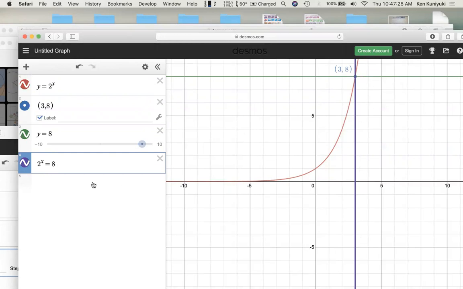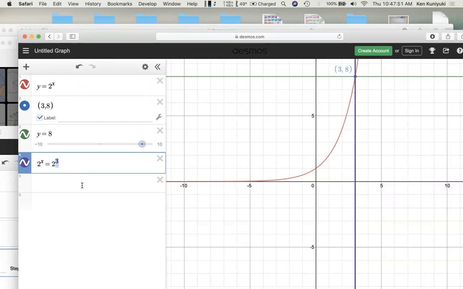x equals 3. It's right there. x cannot be negative 3. Negative 3, 8 is not on this graph. So 2 to the x equals 8. In particular, I could have said 2 to the x equals 2 to the third. 8 is 2 to the third. Well, if 2 to the x equals 2 to the third, Desmos knows, actually, that means that x equals 3. You can equate the exponents. These do match up.